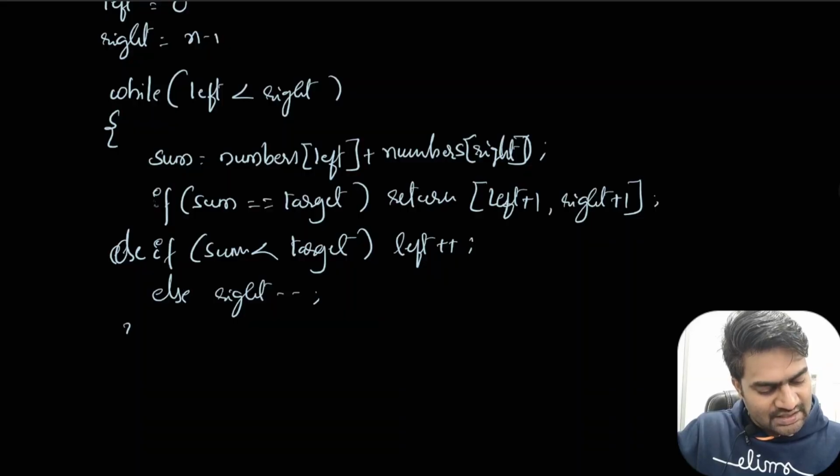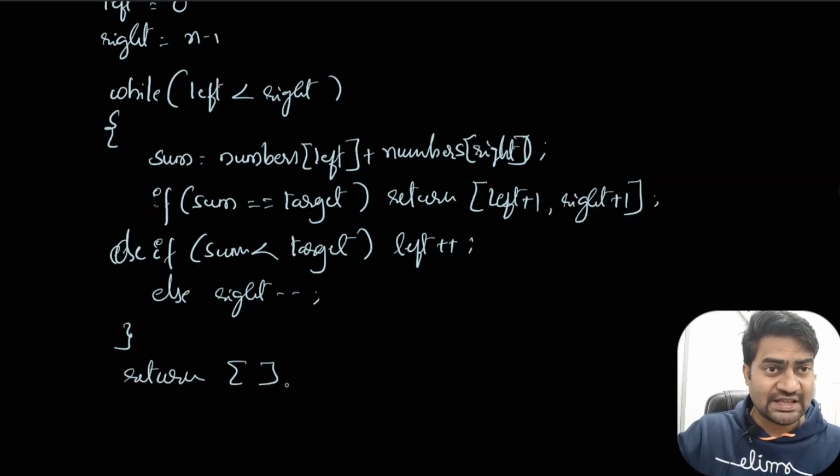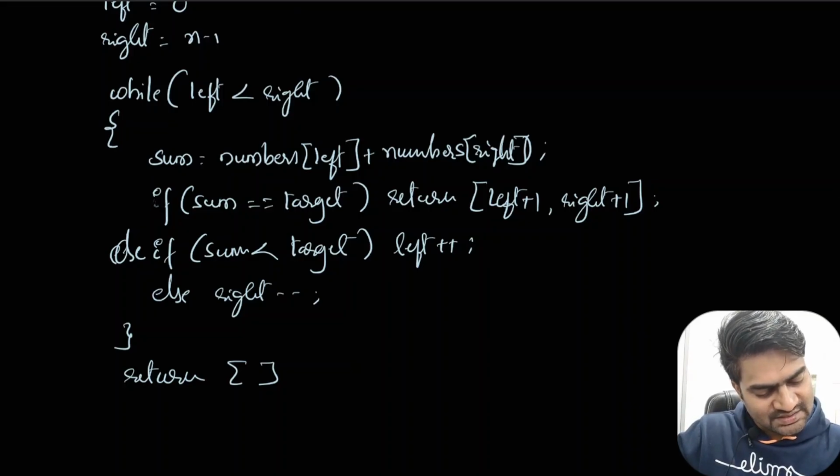So at the end, if we don't get anything at the end of the while loop, we will simply return empty array. Ideally, this won't be the case because if you have seen the constraint properly, there will be for sure one pair that gives the target. So this block will for sure return us the pair.